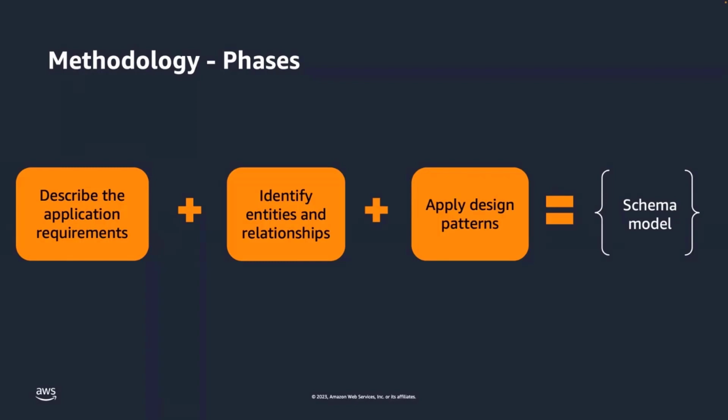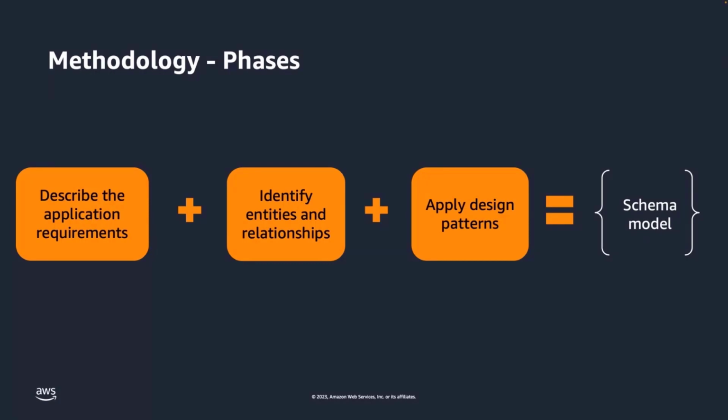The second one is to identify the entities and the relationships between them. This will be important when choosing how to model those relationships. And the third phase is to identify and apply design patterns to optimize the model and address performance requirements. All of this together should result in the schema model optimized for your particular use case.